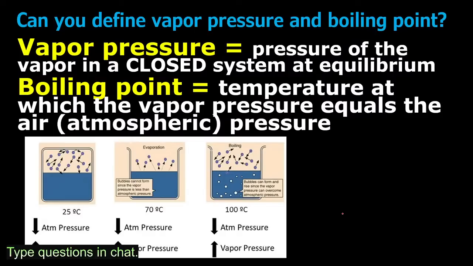So you can see the differences in vapor pressure. As you increase temperature, vapor pressure increases. This is going to be more pressure from that vapor. And you can see that if we're in the same situation, the atmospheric pressure isn't changing, and then eventually they will be equal. And at that point, we say it's boiling.